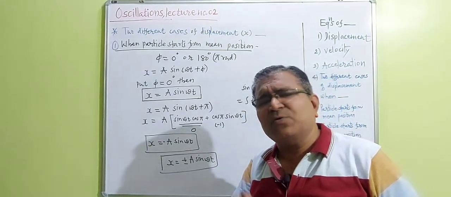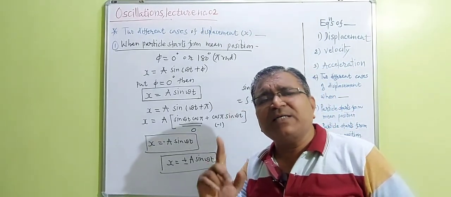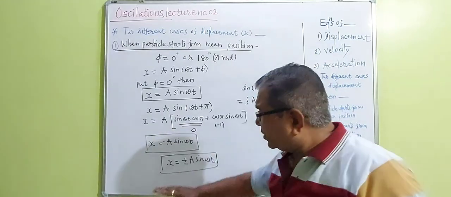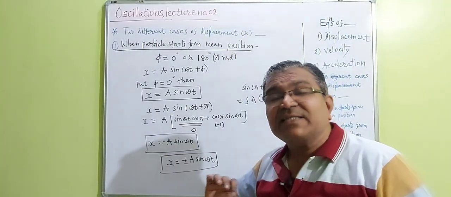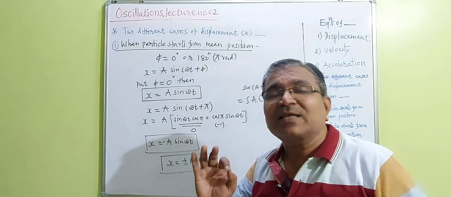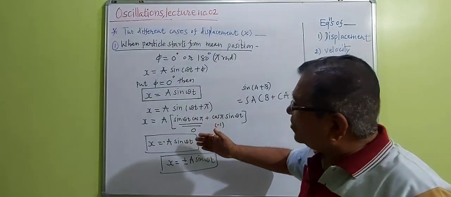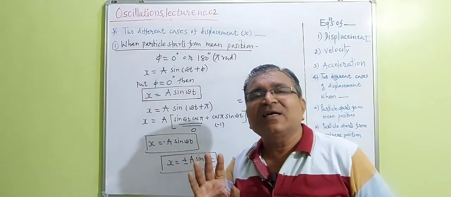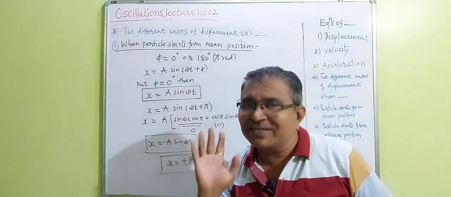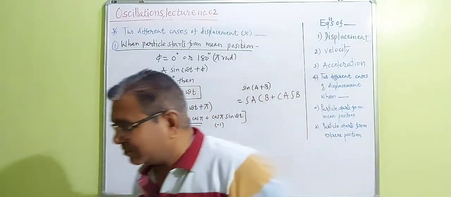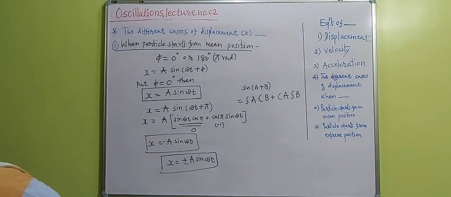Only remember, when the particle starts from mean position, x is equal to plus or minus capital A sine omega t. I derived this only for your understanding of how the formula comes. That's all.